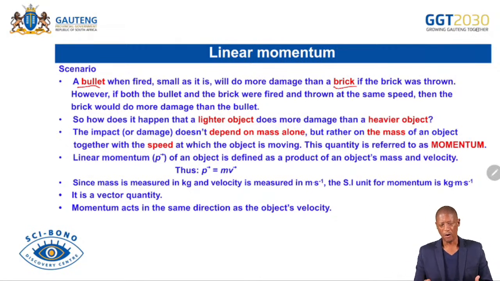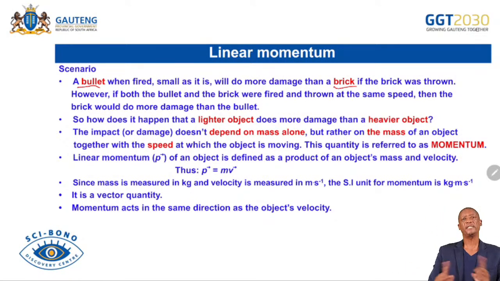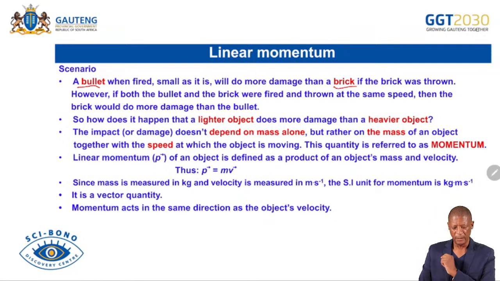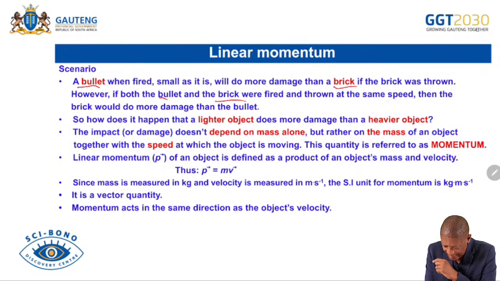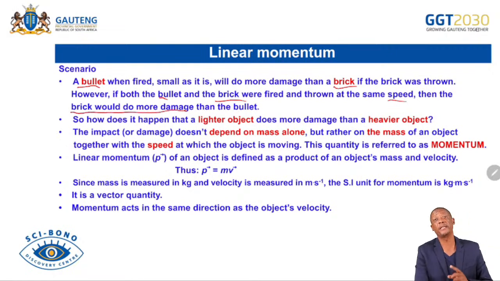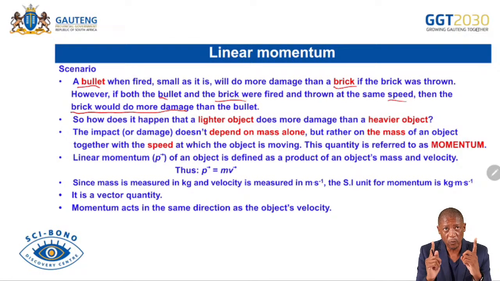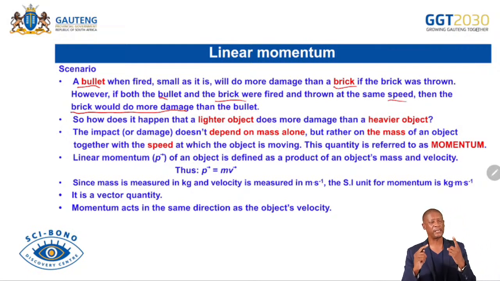But now, what is happening is that when both the bullet and the brick were fired or thrown at the same speed, the brick can cause damage because they move at the same speed. Right? When the bullet and the brick were thrown and fired at the same speed. Now, what does that tell us?